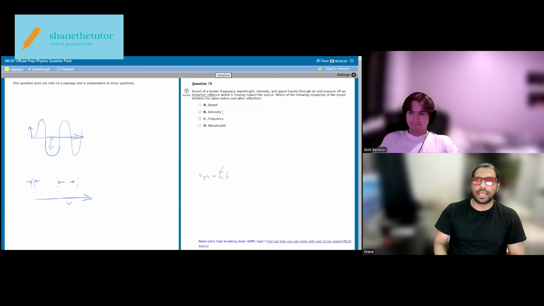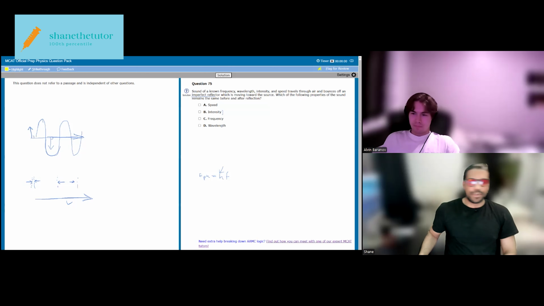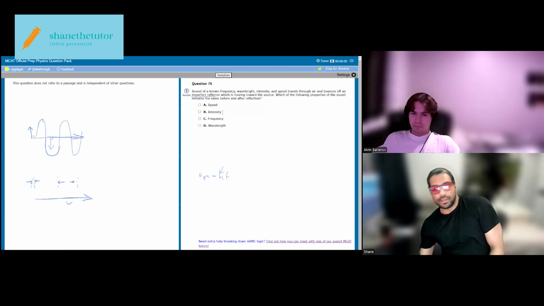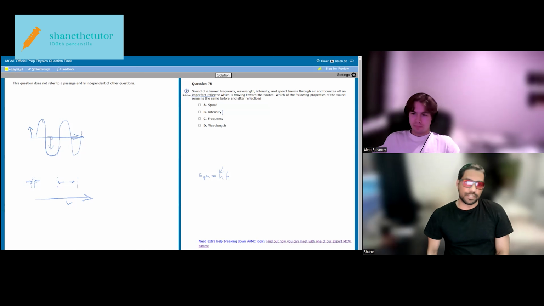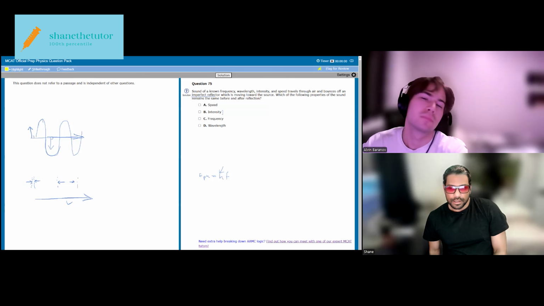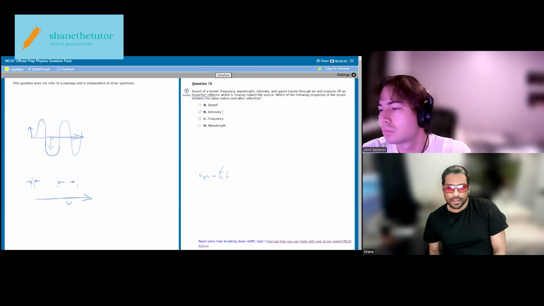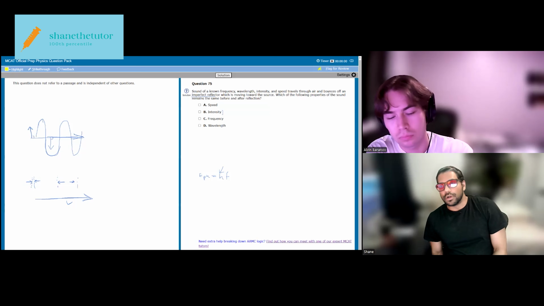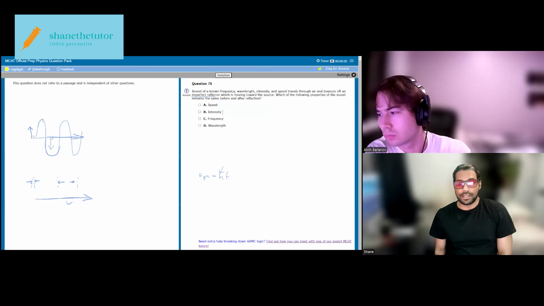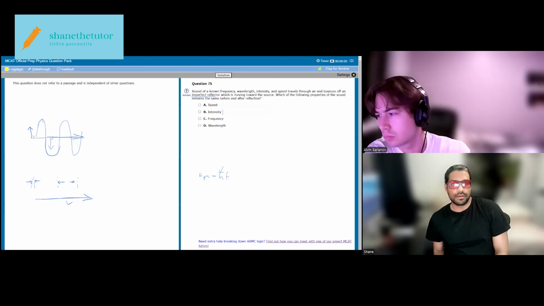So, power over area, and if power is energy over time, an imperfect reflector would cause some energy to be lost, right? So if energy is changed, intensity would change, right?